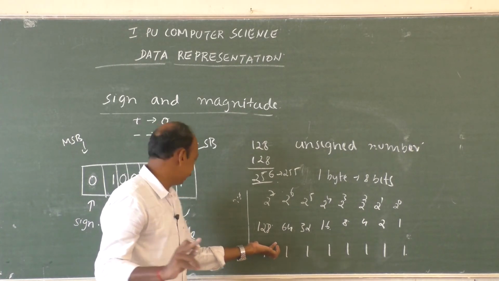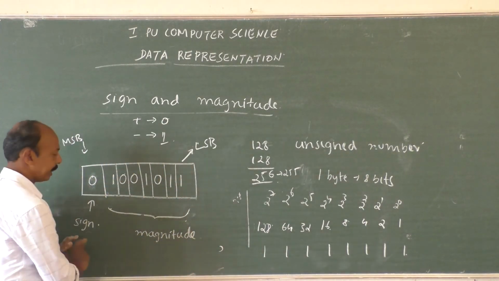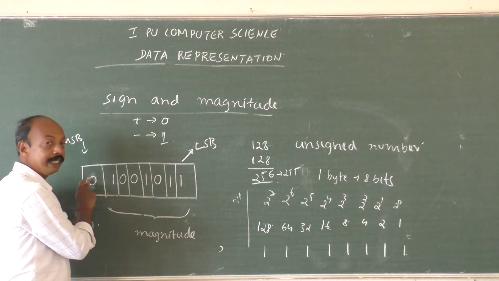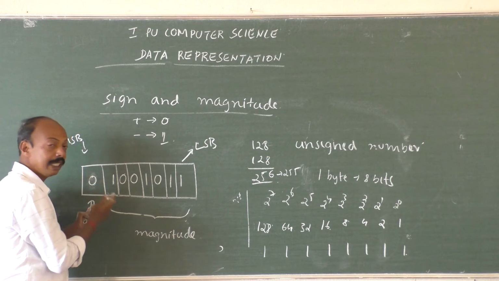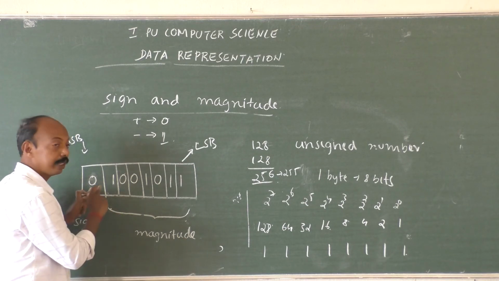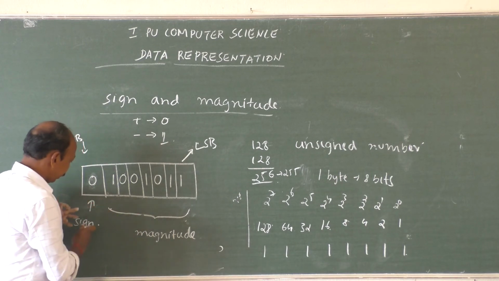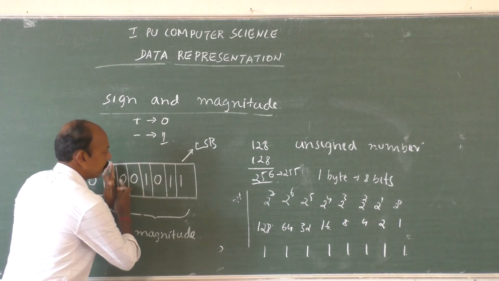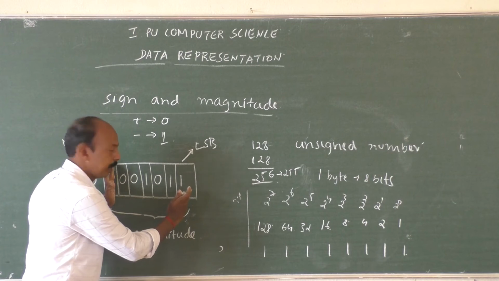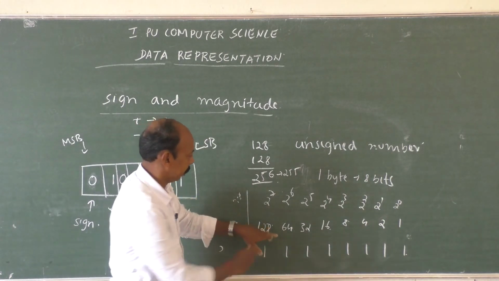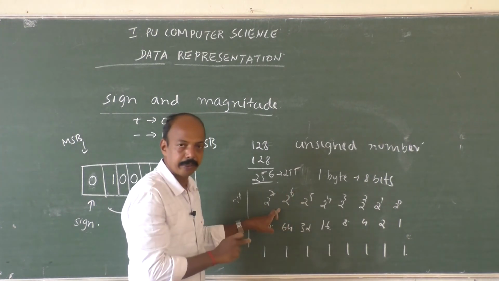In sign and magnitude, if you want to represent a sign, the MSB is used to represent the sign and it won't count for the magnitude. That's why we have to take only this part, which means up to 2 to the power 6, that is 64.